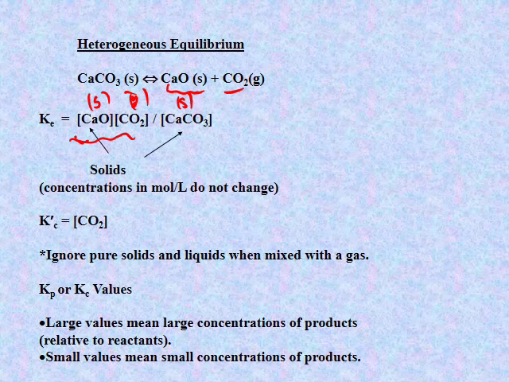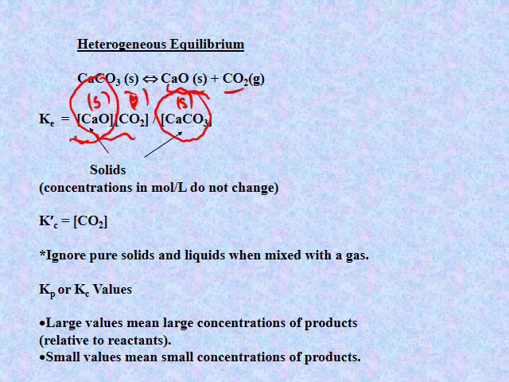Now, for a solid, as long as even a little bit of solid is there, moles per liter is going to remain the same. That's why solid concentration doesn't go into the expression. In other words, even though we originally wrote them down, for these solids there will be no change in concentration, because the way we define concentration is moles per liter, and it doesn't change for any solid.